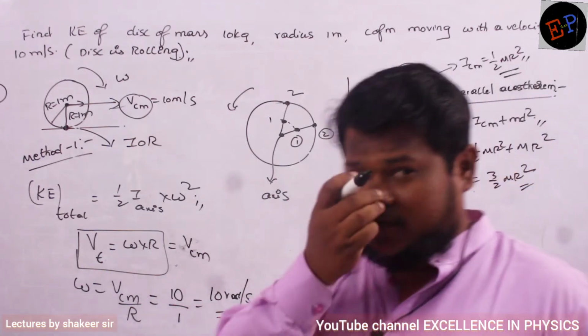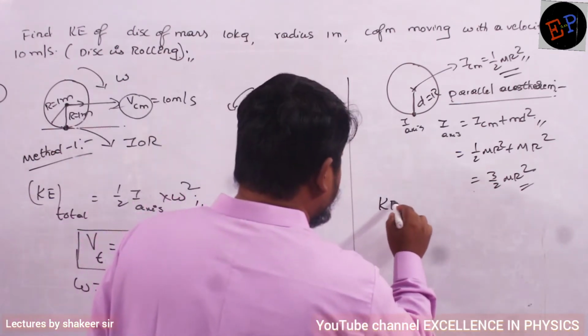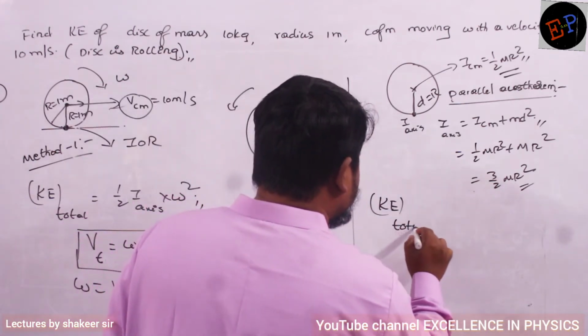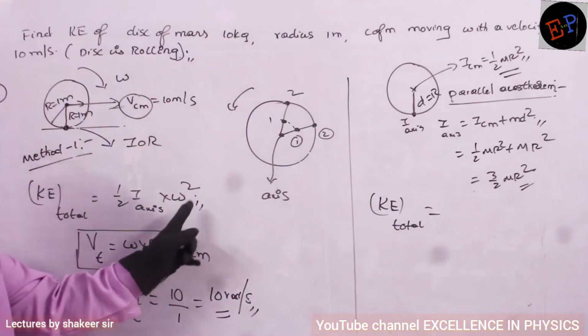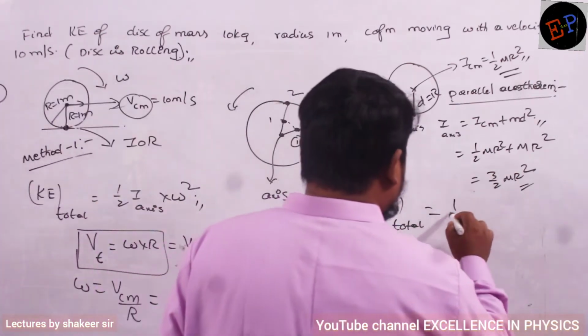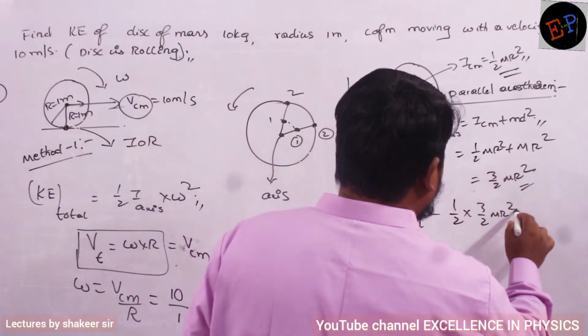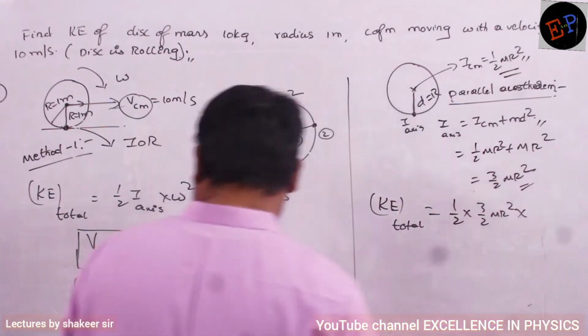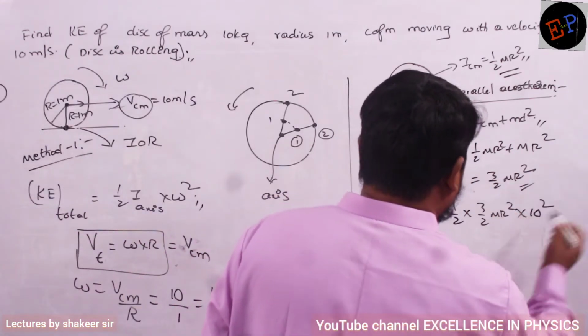Are you able to understand how we are calculating? So therefore calculate the total kinetic energy. The total kinetic energy formula is half I axis into omega square. So half of, what is I axis? 3 by 2 MR square multiplied by omega square. What is the omega? Omega value is 10, so 10 square. Clear now?